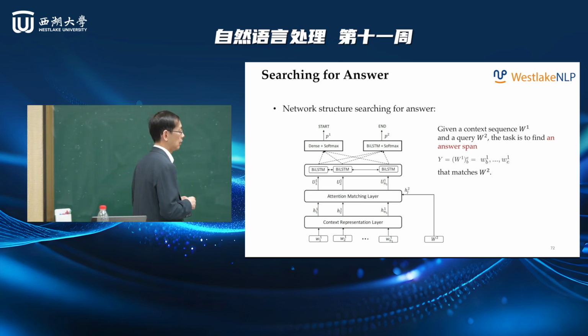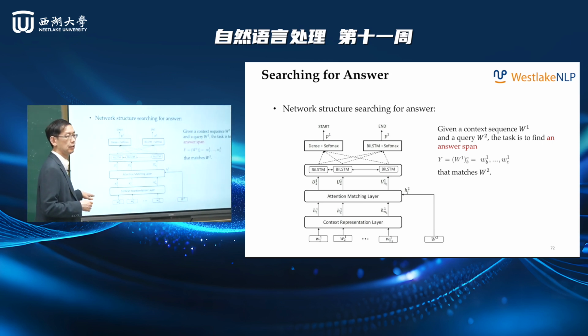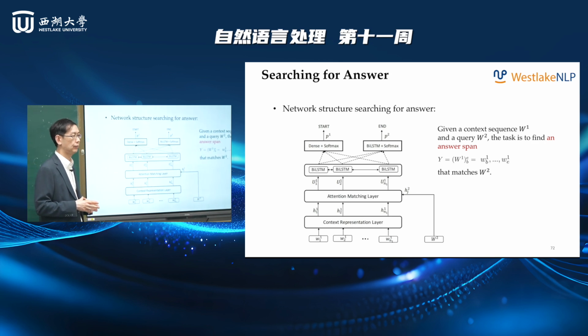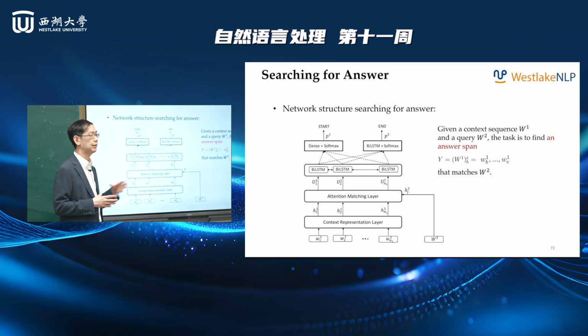On the left, I have a representation of W1, the passage. On the right, I have a representation of W2, the question. All I want to do is to calculate a representation of the passage that is aware of the question.